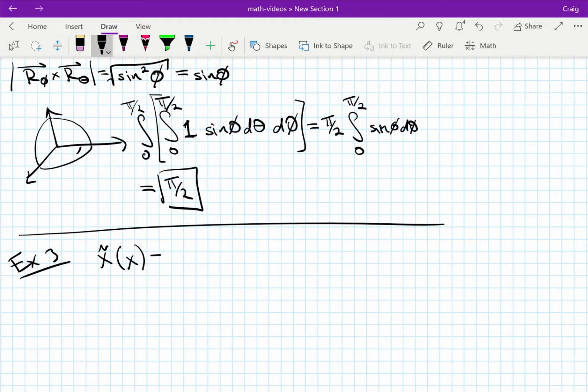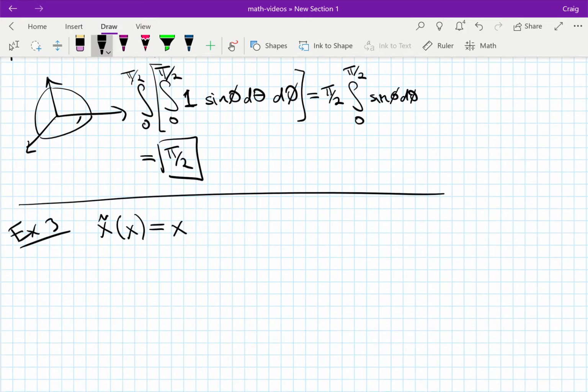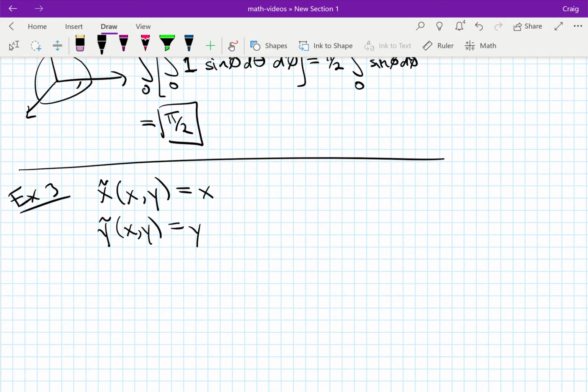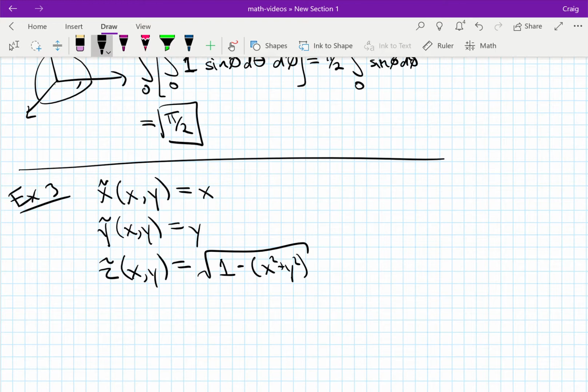Y tilde as a function of x and y is simply y. But then z as a function of x and y, at least for a unit sphere, is the square root of 1 minus x squared plus y squared.